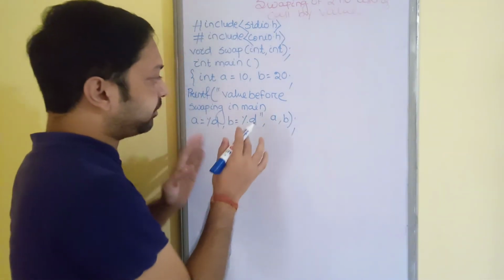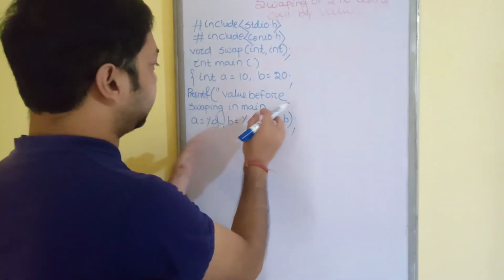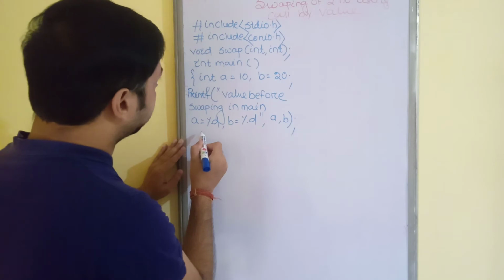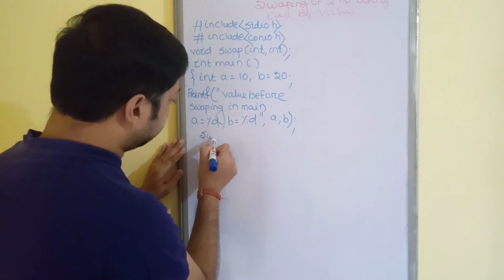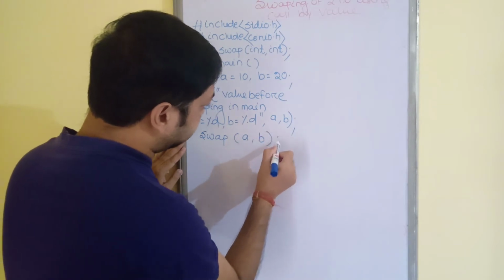That means before swapping I print the value of a and b in the main function. That's why it is written in main. Now I have to swap it, so I can simply write swap(a, b). So this is the function call.